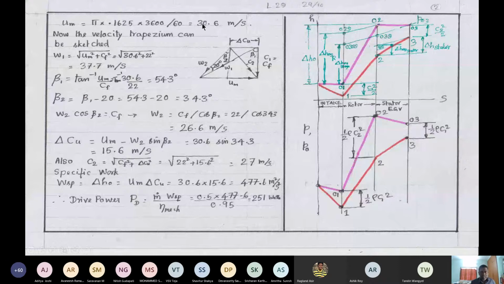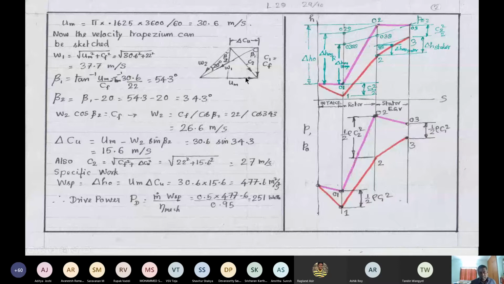So now the velocity trapezium can be sketched. Yesterday we had seen a number of velocity trapeziums, which is nothing but the combination of the two velocity triangles.